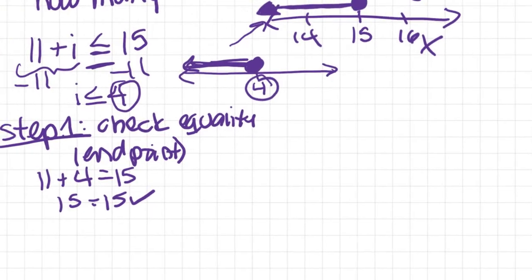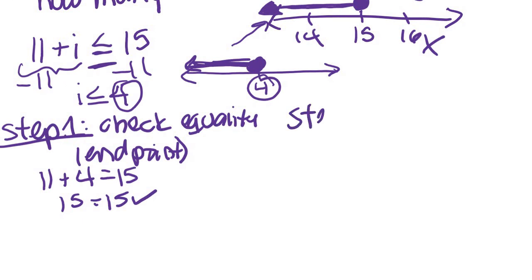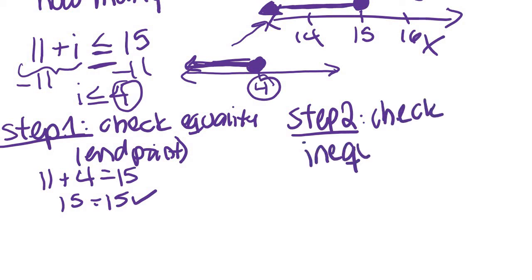Oh my goodness, where did it go? There it is. All right, for step 2, we're going to check the inequality. So we're going to write out 11 plus I less than or equal to 15.